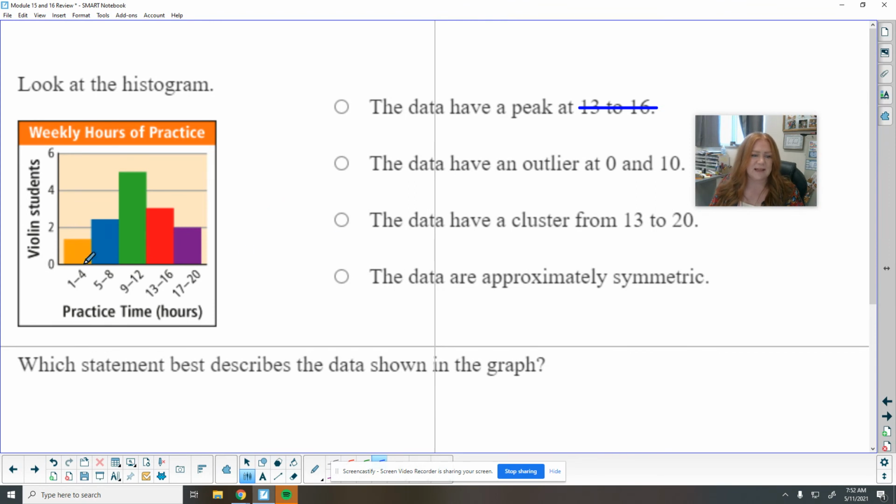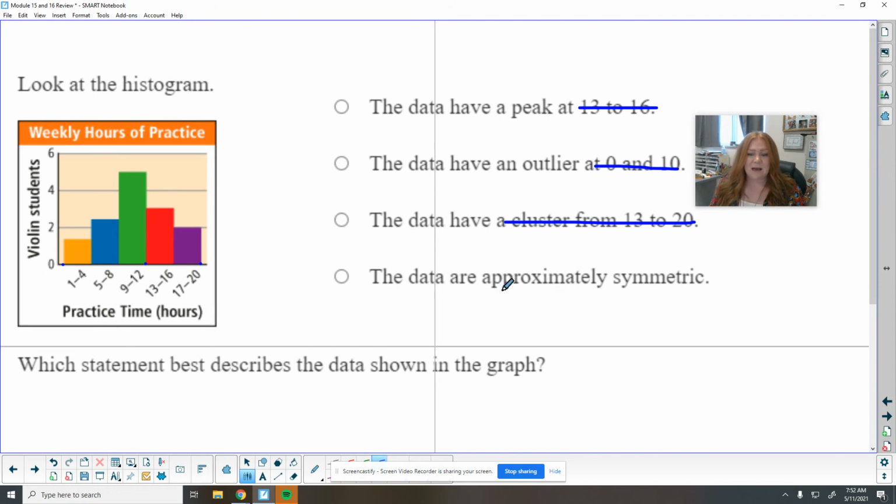I don't think that's an outlier. They pretty consistently, right? There's students that practiced at every interval there. There is a cluster from 13 to 20. So yeah, there is, but there's also not really a gap here. So I would say the cluster is the entire thing. So there's not a cluster there particularly.